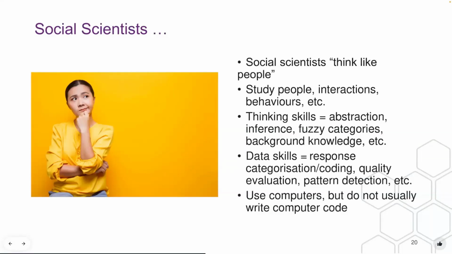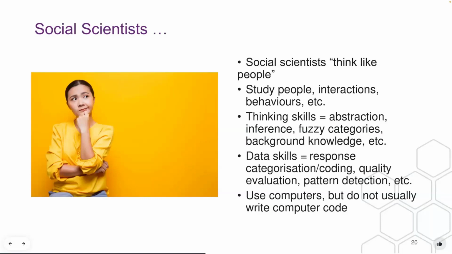And it's no surprise that they need these human type thinking skills because they study people, interactions, and behaviors, and that requires a certain skill set. But social scientists also do build up a fair bit of data skills in the course of their research. So if you think about things like response categorization and coding, quality evaluation, pattern detection, and statistics, they actually do have quite a bit of experience with data skills.